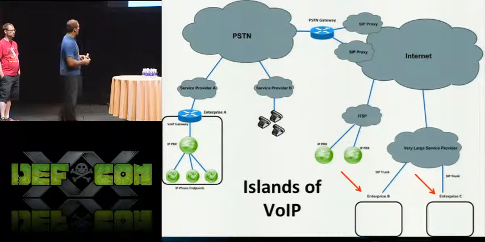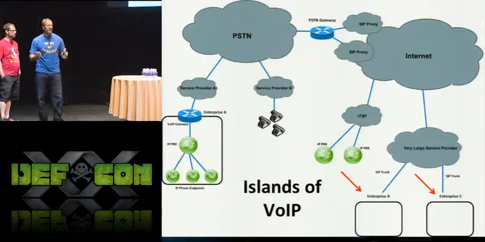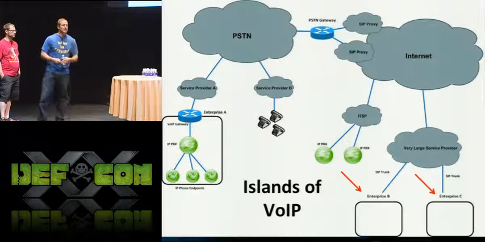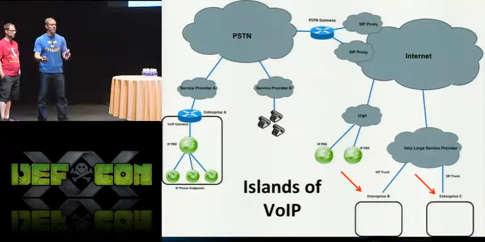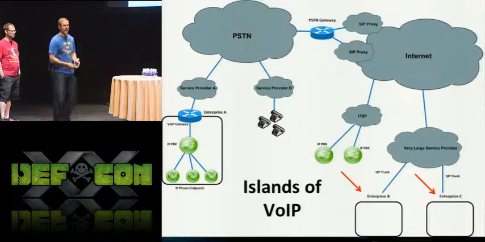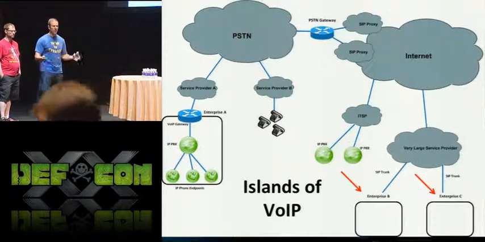And what's so ironic is that these 2 enterprises could be connecting directly to each other with VoIP, yet they have to go through the carrier and pay the carrier for the cost. What's ironic is that you don't do this with email or your HTTP traffic, right? You advertise yourself in DNS. Why should we be doing this with VoIP? It's something to think about. Why do you have to go through a carrier to do your voice communications?